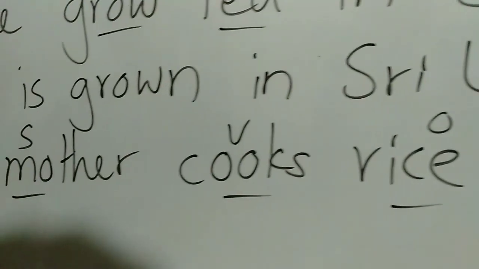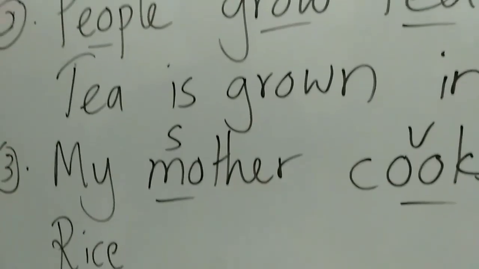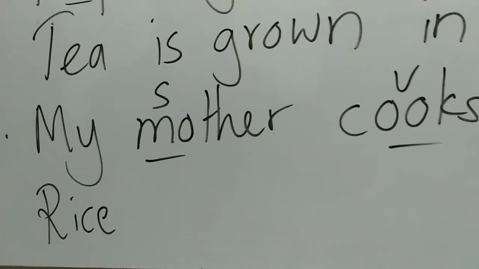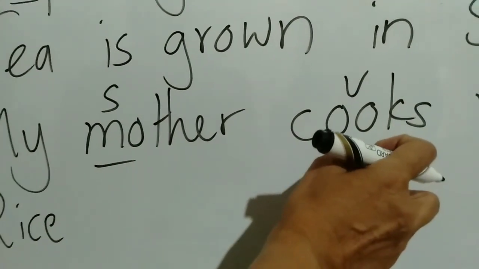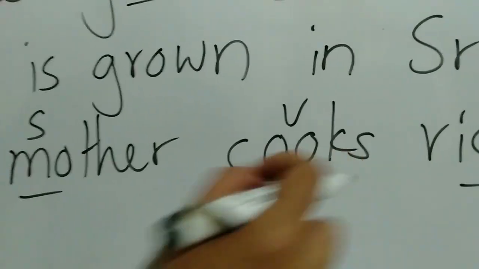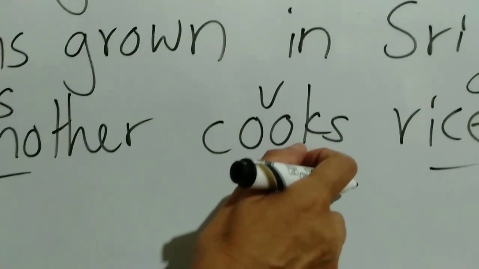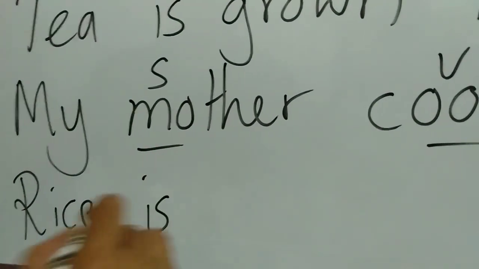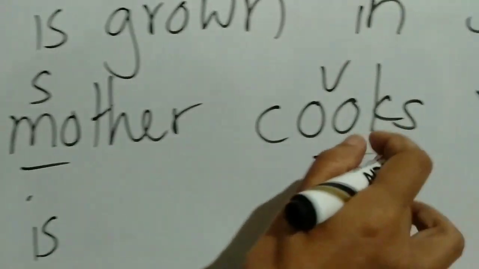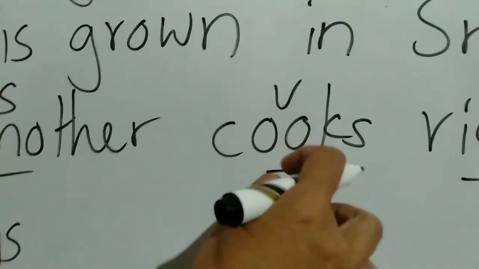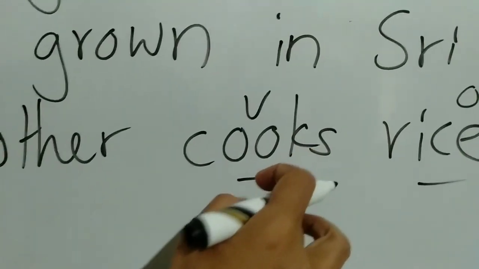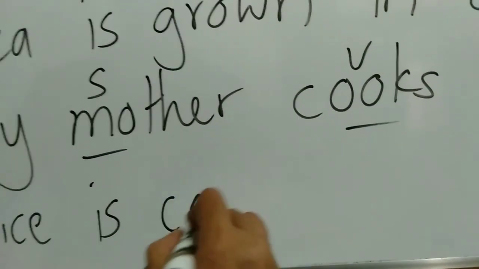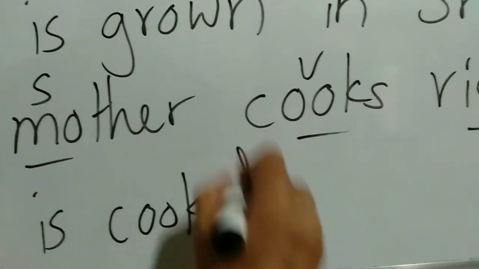Then rice, am, is, are plus past participle, we apply here as this is a simple present tense sentence. With this verb you can understand what the tense is. Rice is, the participle form of this verb is cooked. You know the regular verbs you learned in the previous YouTube, cooked.